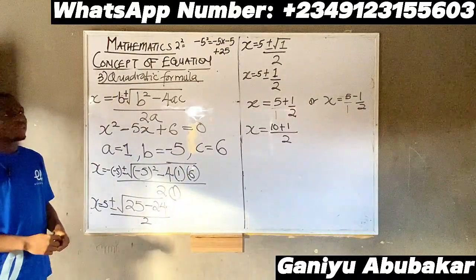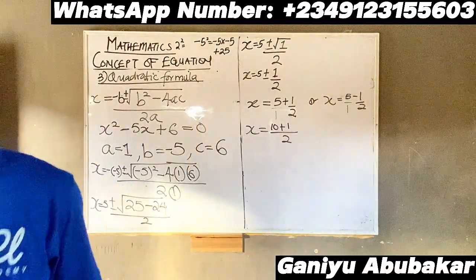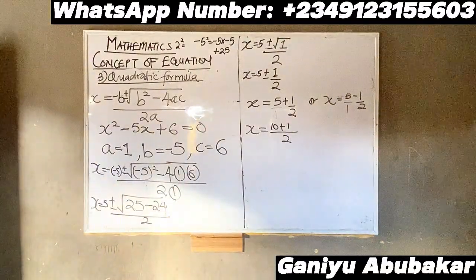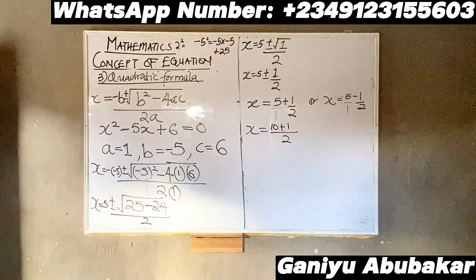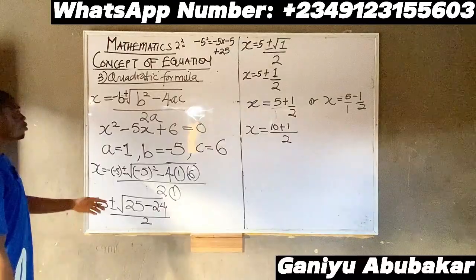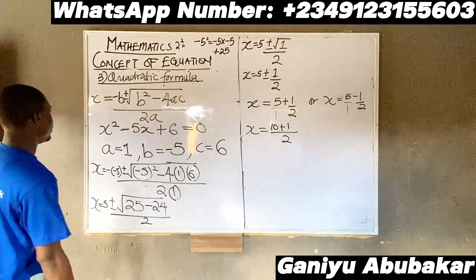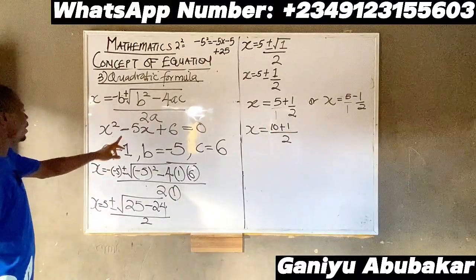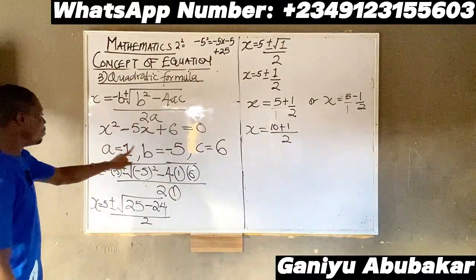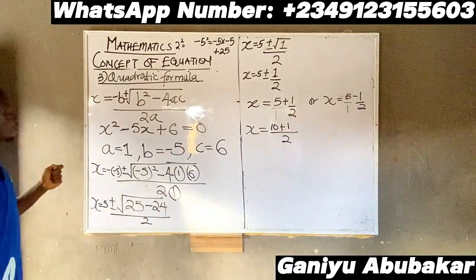What is wrong? What did you do? Here's the formula: minus B plus or minus root of B squared minus 4AC. So we said A is 1, B is minus 5, and C is 6.